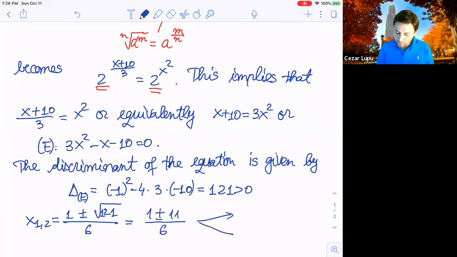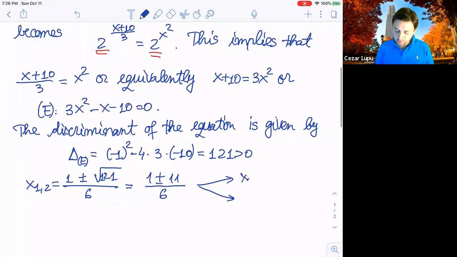From here we have 2 solutions. x1 will be 1 plus 11 over 6, which is 2. And the second one will be minus 10 over 6, which is minus 5 over 3. So these are the solutions for our equation.